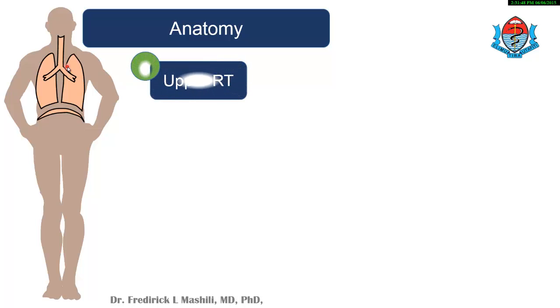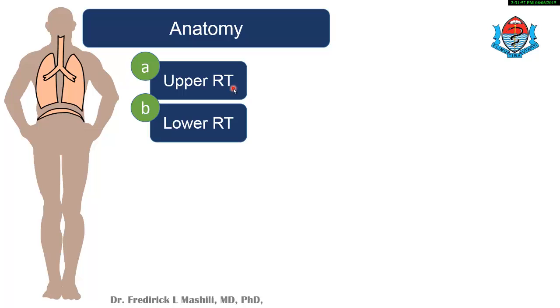But of particular importance, you need to be able to distinguish clearly between the upper respiratory tract and the lower respiratory tract. This is important because you are going to deal with either upper respiratory tract infection or lower respiratory tract infection, and you need to be able to distinguish the symptoms, the signs, and the different presentation of upper respiratory tract infection from lower respiratory tract infection.